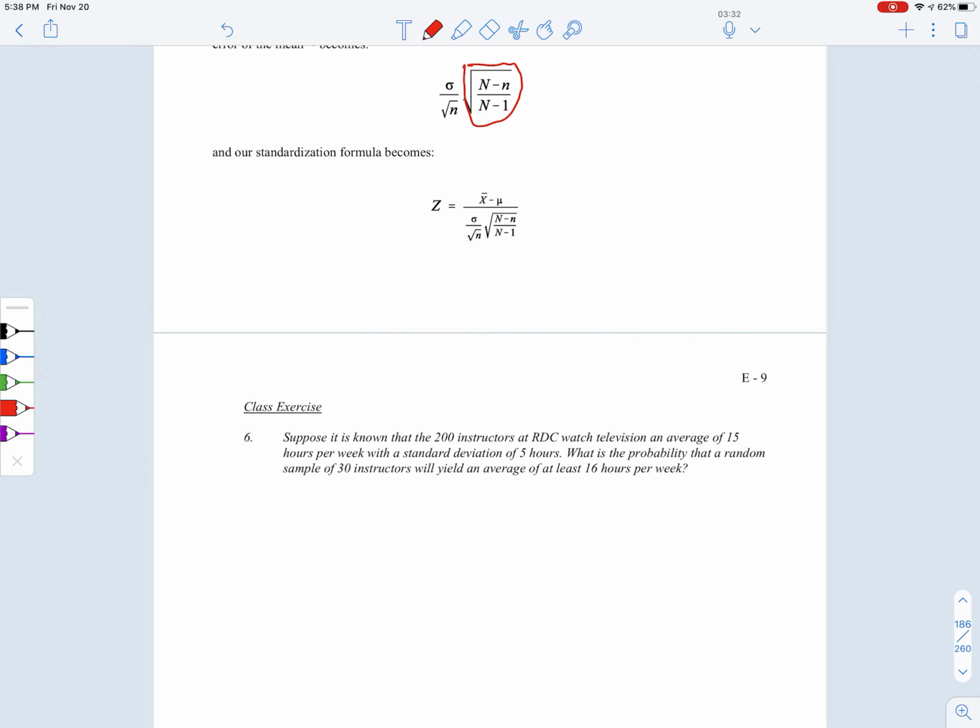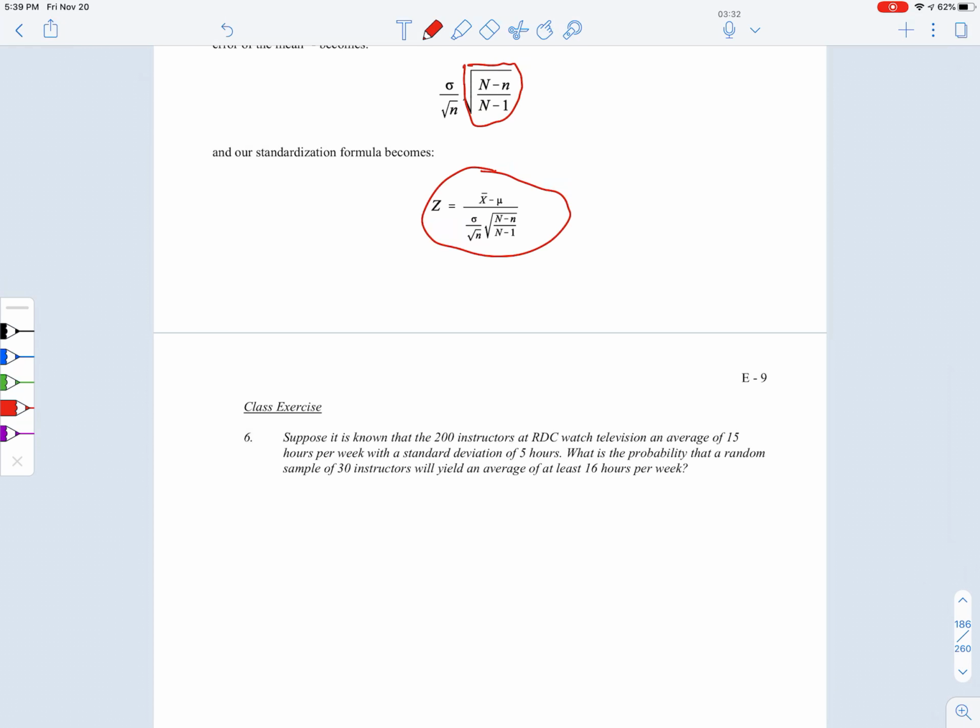Our formula looks a little uglier, but just recognize that all we've done is change the denominator. So instead of sigma over the root of n, it's sigma over the root of n times the FPC factor. That FPC factor will always be something less than 1.